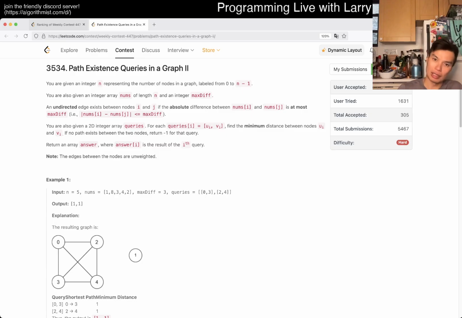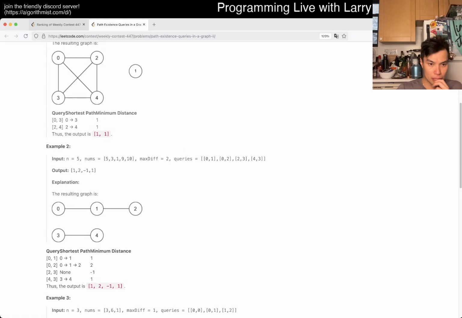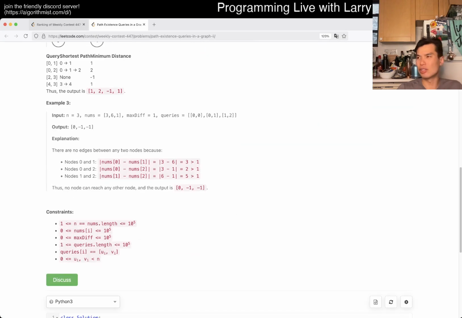Can I do some sort of sliding window? This is kind of, but not. How do you do jumps?